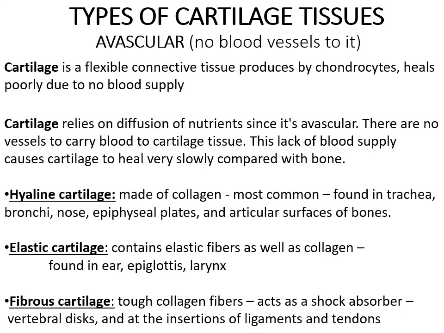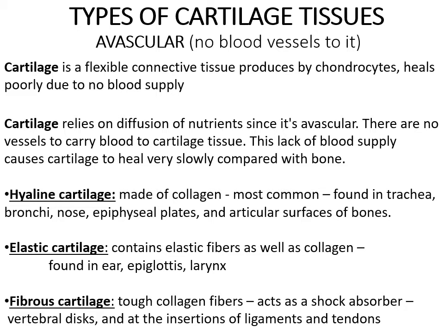Fibrous cartilage has much tougher and denser collagen fibers, and a lot of them, and acts as a shock absorber in the body. For example, the intervertebral discs are made up of fibrous cartilage. At insertions of ligaments and tendons into bones, there's often a bit of fibrous cartilage.